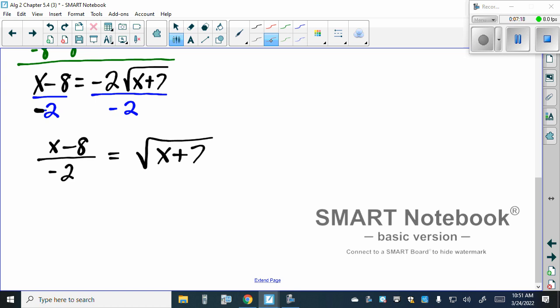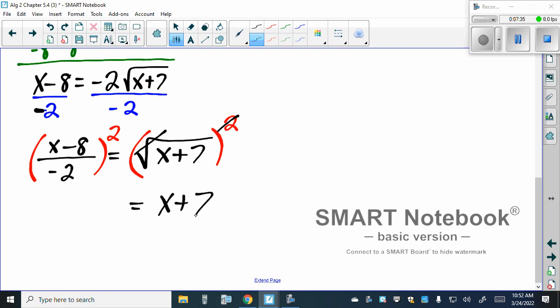Now what would we do at this point? We would square both sides, yes? So we're going to square this side and we're going to square this side. And luckily over here, square root and square will cancel, telling us that we have x plus 7. All the radicals are gone now.